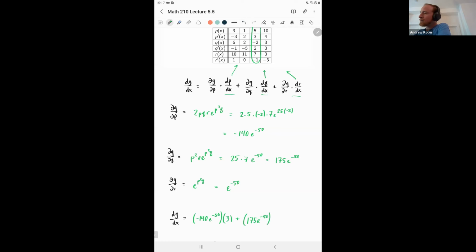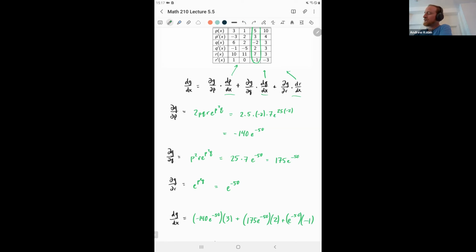And the derivative of q with respect to x at x equals 2 is right here on the table. So that's going to give us a 2. And finally, for r, we have e to the -50 as the rate of change of g with respect to r. And then the derivative of r at x equals 2 is -1. That's the last bit in that column on the table.